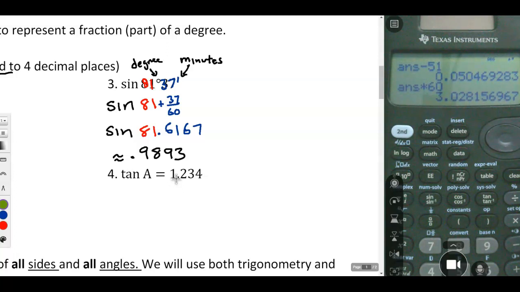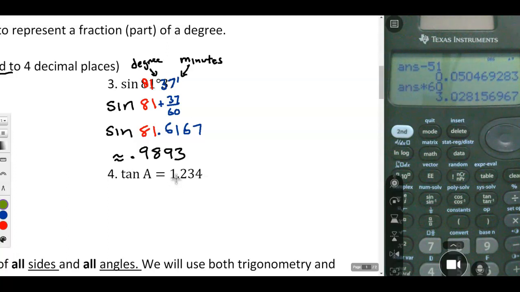Think about that. What's the tangent of 45? 1. So will this angle be bigger or smaller than 45? It'll be bigger. I want these numbers, when you see tangent of this, sine of that, to have some sort of meaning and not just be random. Let's put it in the calculator and see what the answer is.